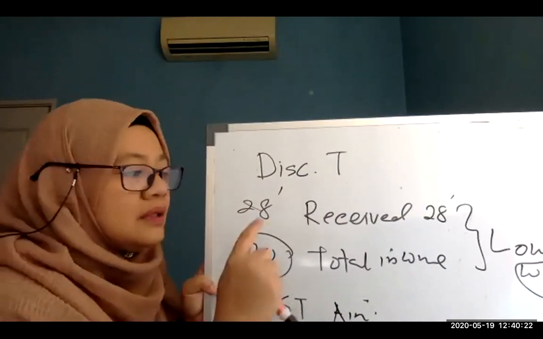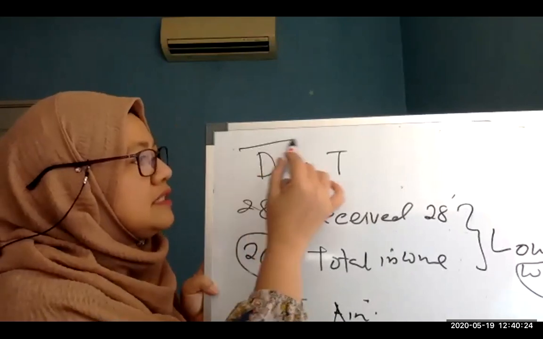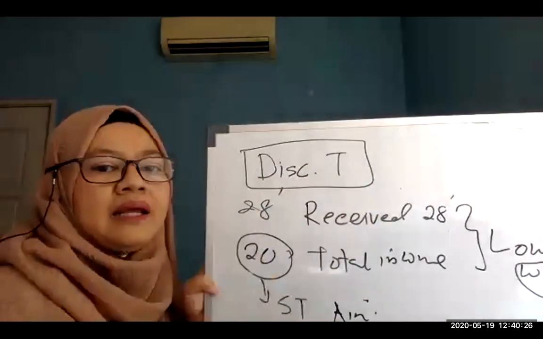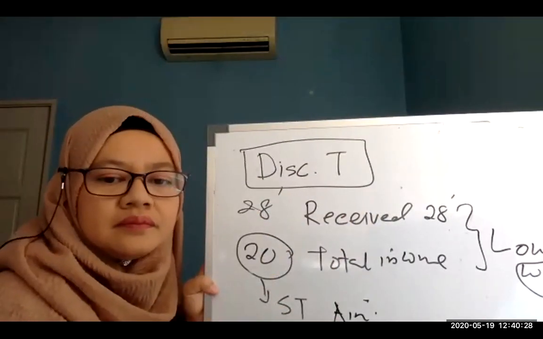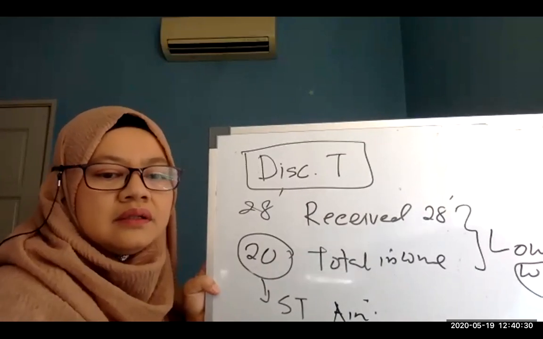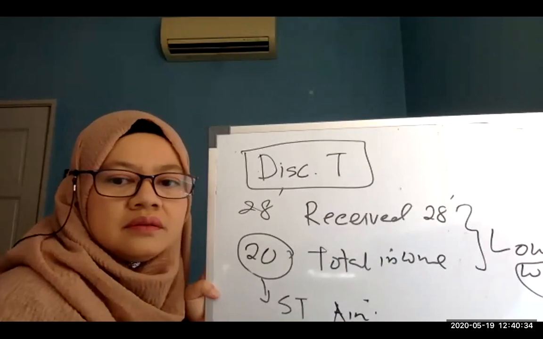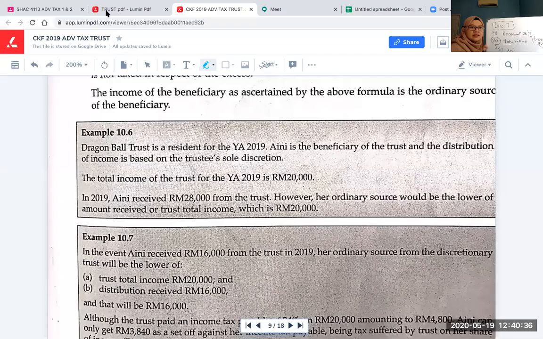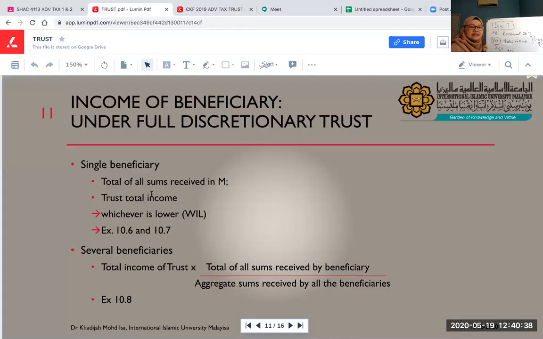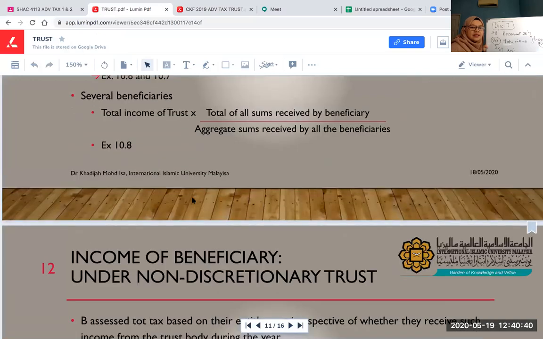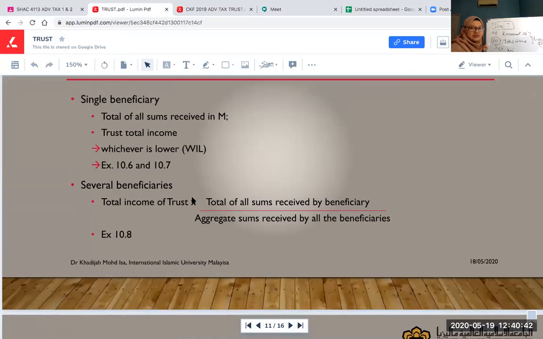But in this case it is the discretionary trust. Tadi the second one is that itu kalau ada single. Tapi katalah you ada ramai beneficiaries, then you kena pakai that formula.